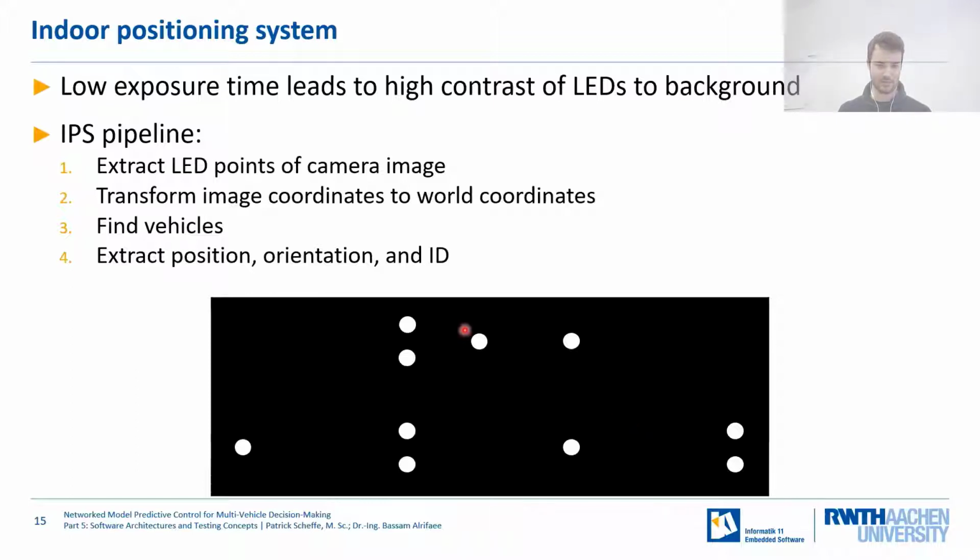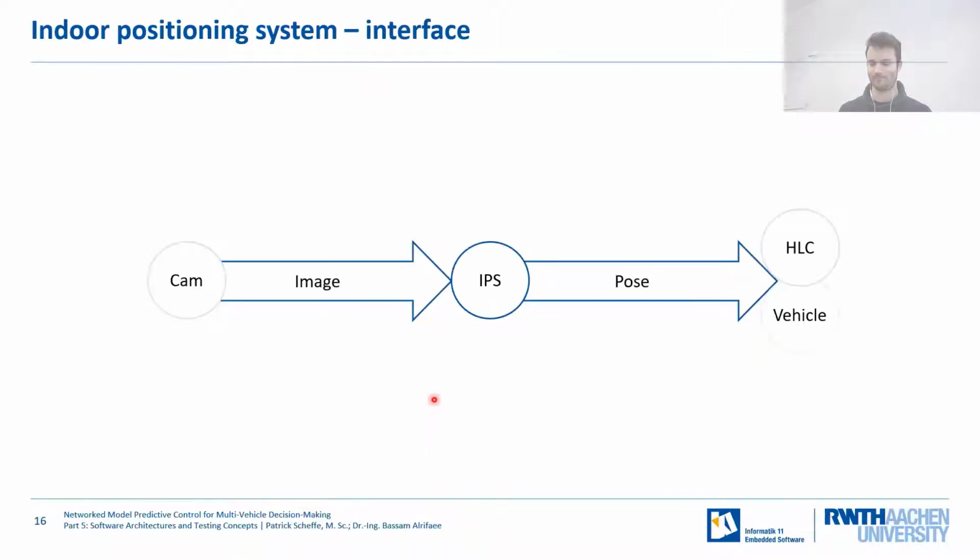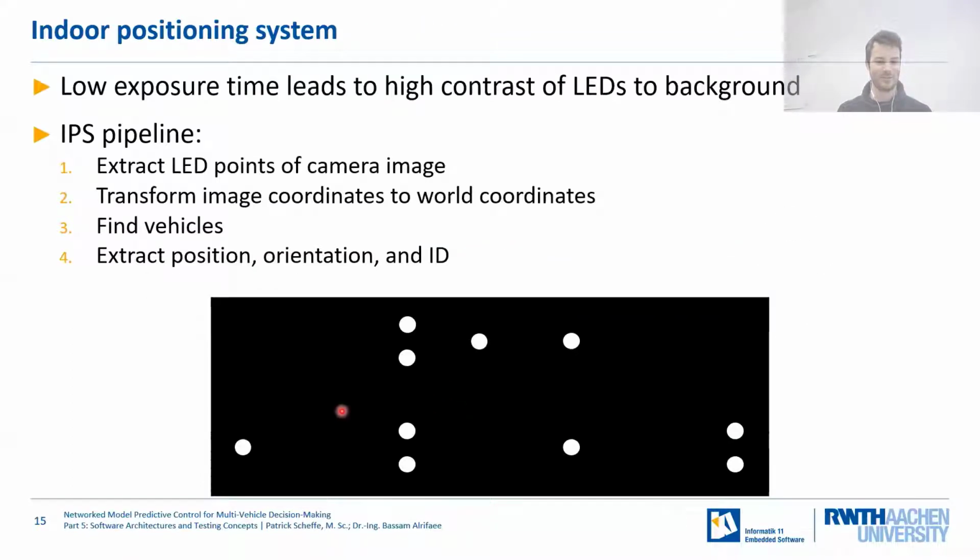The pipeline to go from this image to the actual poses is that we extract these LED points, and then make this transformation between image coordinates and world coordinates, and then try to find the vehicles in there.